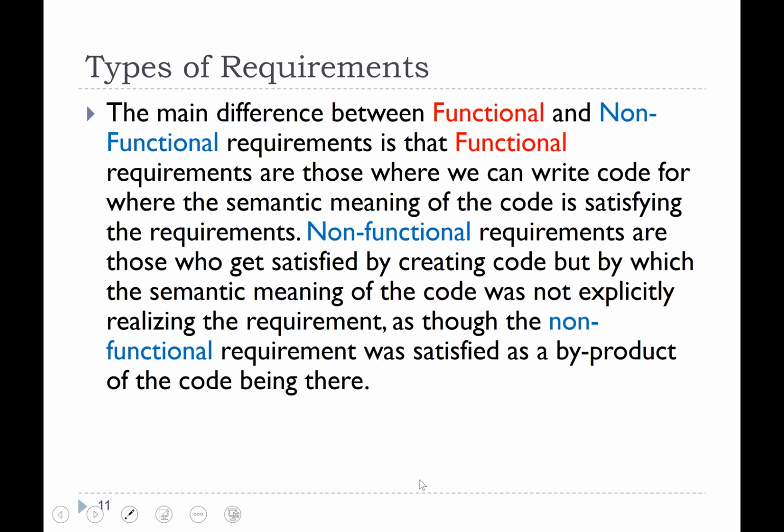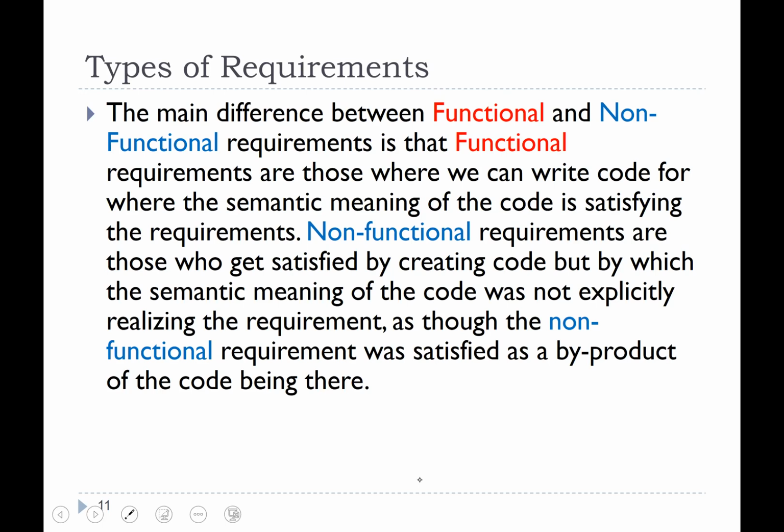So here it is. The main difference, pay attention to this, because I'm going to be asking you a whole bunch of questions right now. The main difference between functional and non-functional requirements is that functional requirements are those where we can write code whose semantic meaning satisfies the requirement.